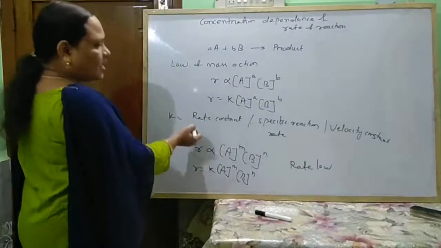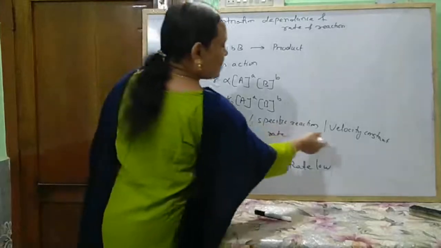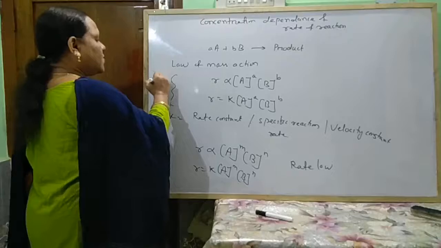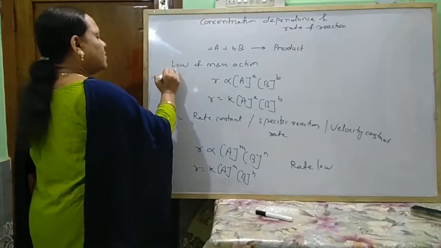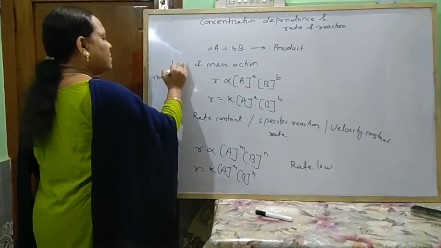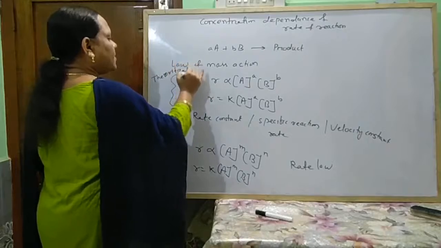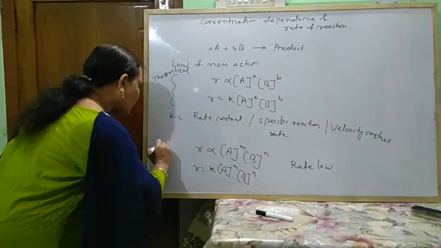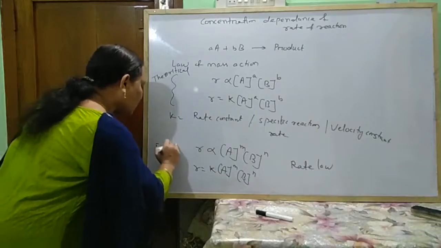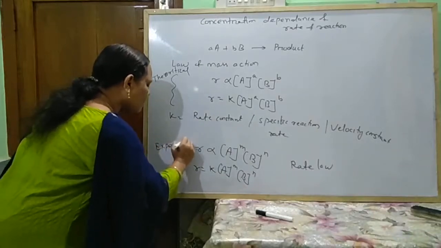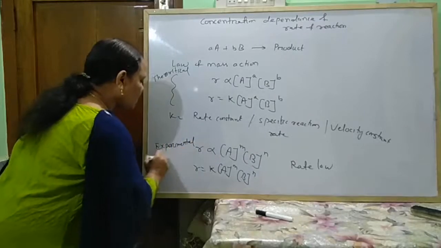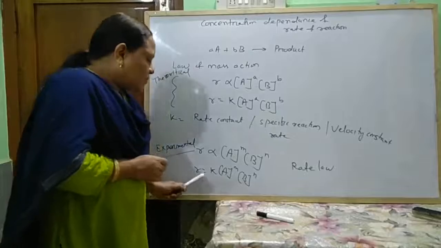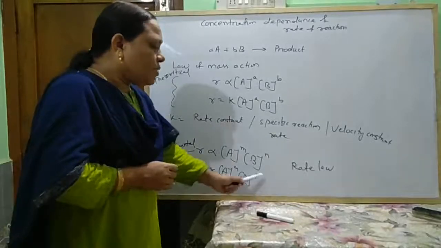What is this k? k is the same, rate constant, specific reaction rate or velocity constant. But the earlier one is on a theoretical basis, and this expression is on an experimental basis.